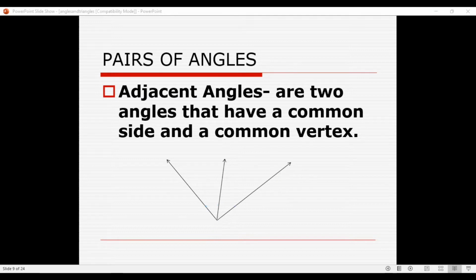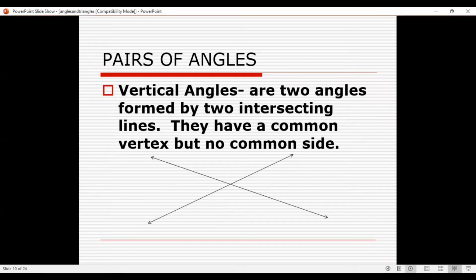Next relationship, we have here vertical angles. Vertical angles are two angles formed by two intersecting lines, and they have a common vertex but no common side. We will see two pairs of vertical angles in our example.